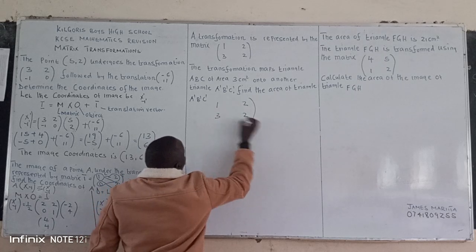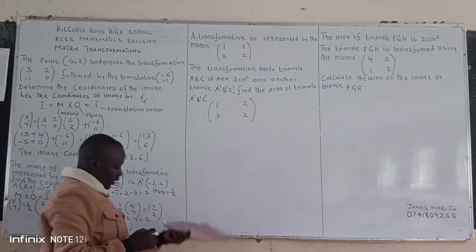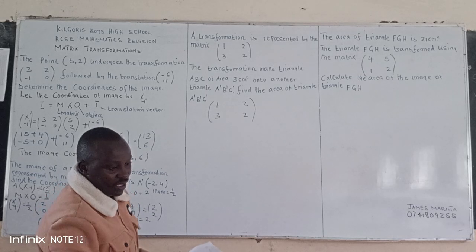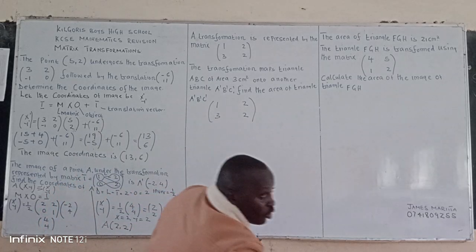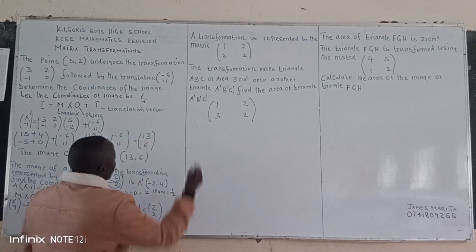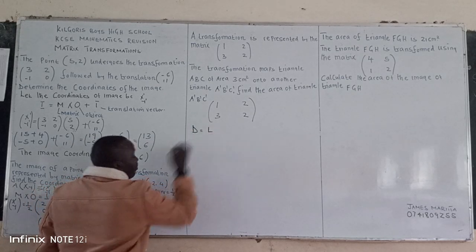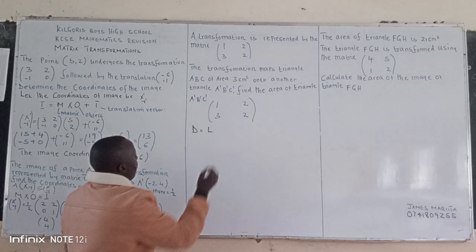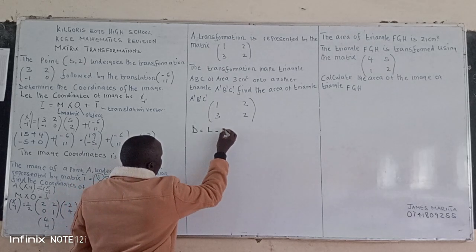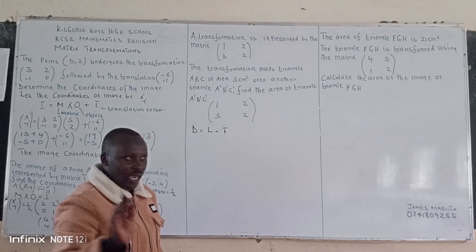To get the determinant of this, the determinant is normally given by the product of the leading diagonal minus the product of the trailing diagonal.